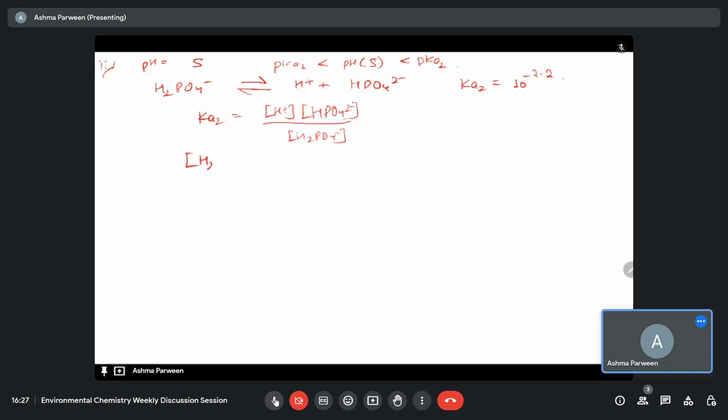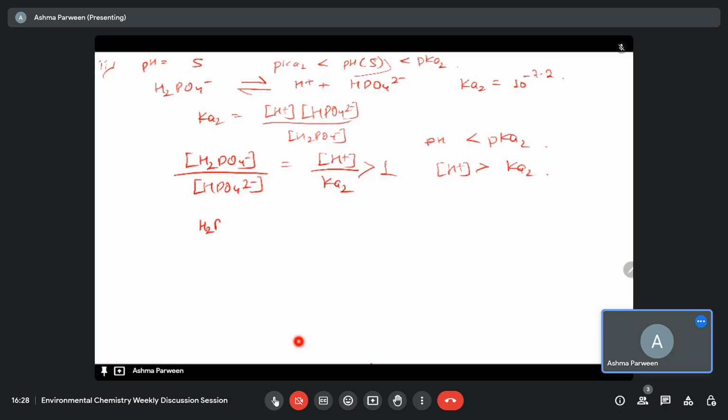Let's write in the terms of H2PO4 minus upon HPO4 2 minus, which will be equal to H plus upon Ka2. We have been given that pH 5 is less than pKa2, so H plus concentration will be greater than Ka2. It means this ratio will be greater than 1. So we can find out that H2PO4 minus will be greater than HPO4 2 minus at pH 5. So at pH 5, H2PO4 minus is the dominant species.